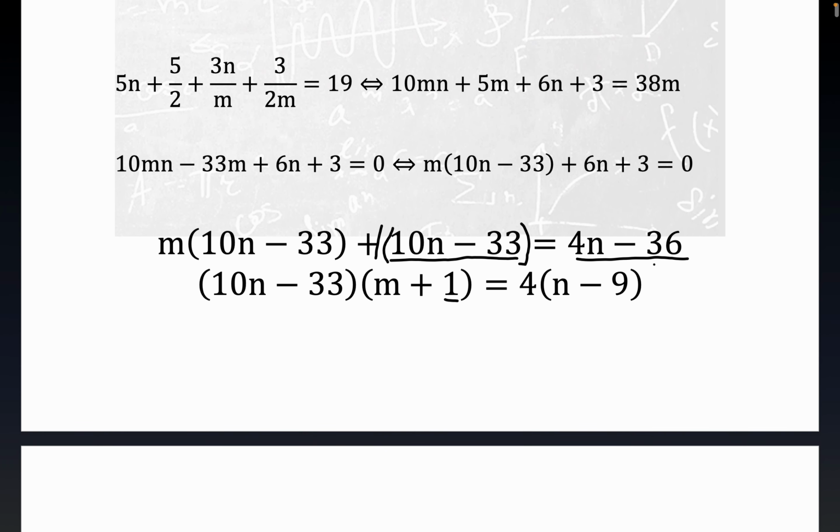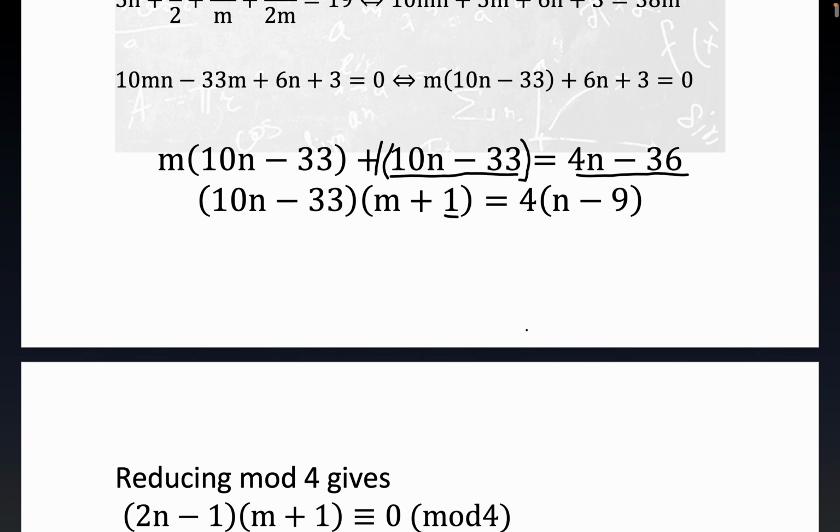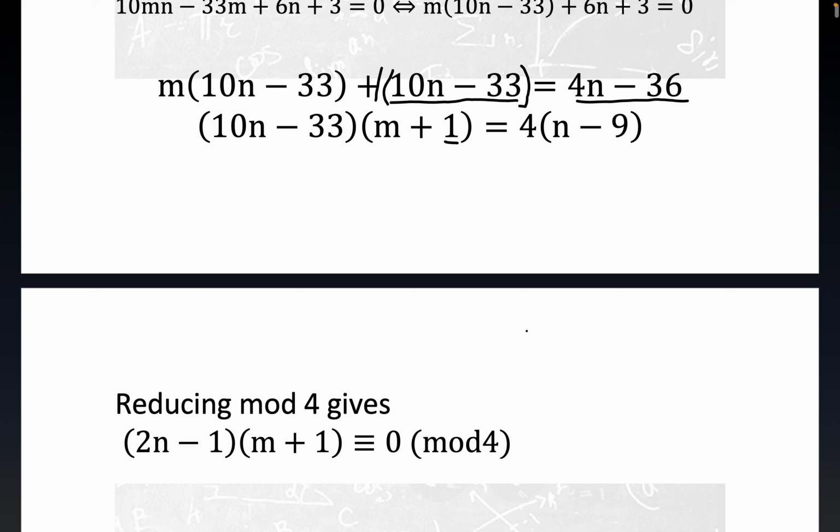Now notice the left-hand side is a multiple of 4. Now what we can say is that that makes it congruent to 0 mod 4. In other words, 4 is congruent to 0 mod 4. That's trivial, right?